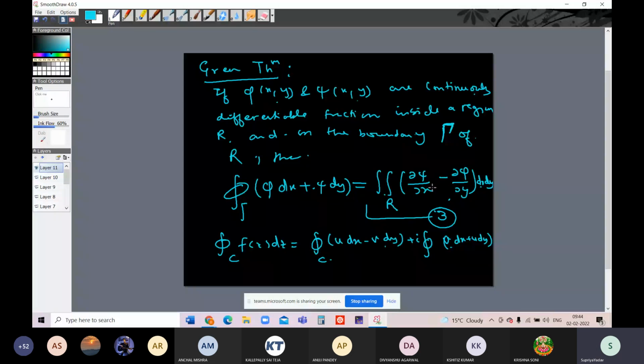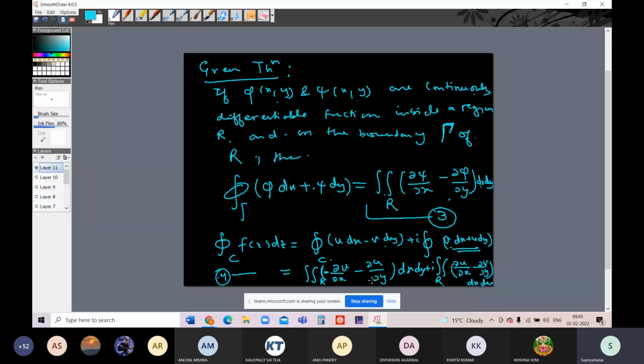Using this result, we can replace it by a double integral or surface integral over region R. Region R is bounded by this closed curve C, and we can write here del by del x of minus v, which means minus del v by del x, minus del u by del y into dx dy, plus iota surface integral over region R of del u by del x minus del v by del y dx dy. Say that it is equation number 4.